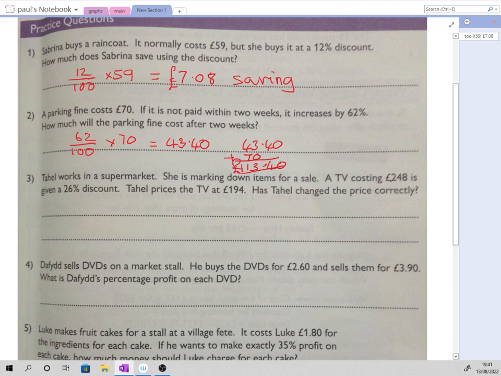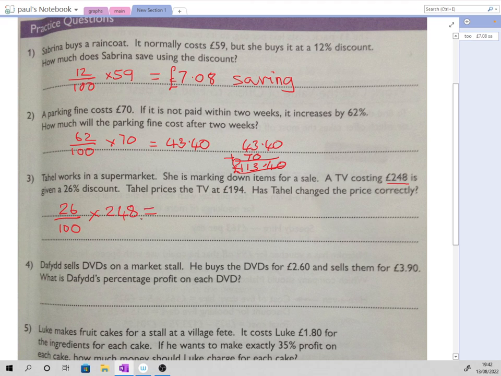Right, so 248, so we've got to work out 26% of this number, take it away and compare it to the 194. So 26 over 100, all these first three are exactly the same, aren't they? Times 248.